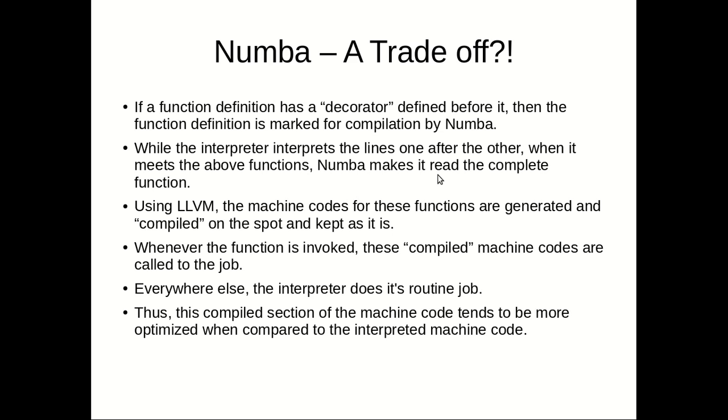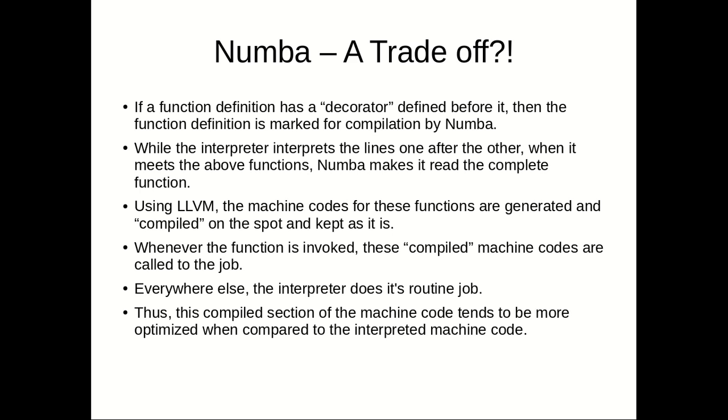So whenever the Python interpreter comes across these functions, it will not go and interpret them. Instead, you just call these compiled machine codes which are made for this function, and those machine codes do the job, and everywhere else the interpreter does its routine job of translating the code one line after the other.